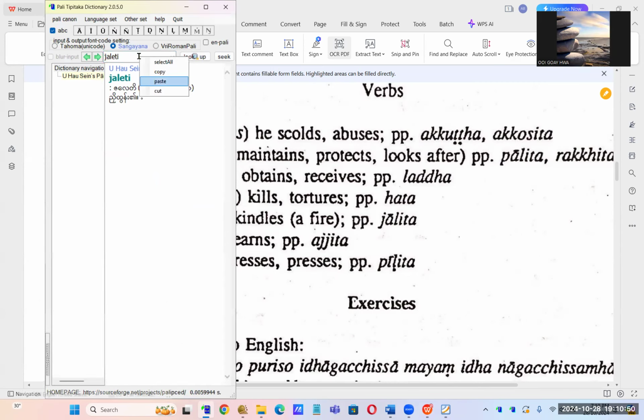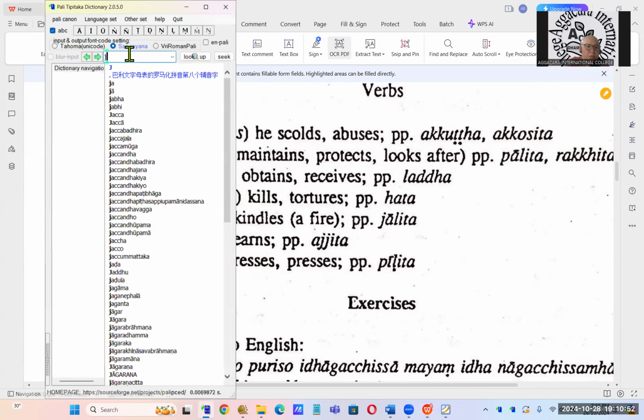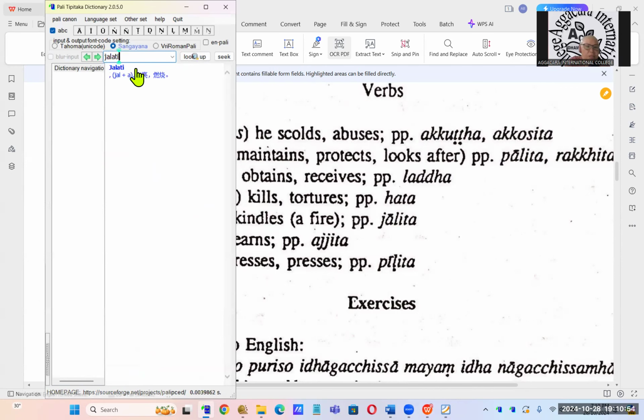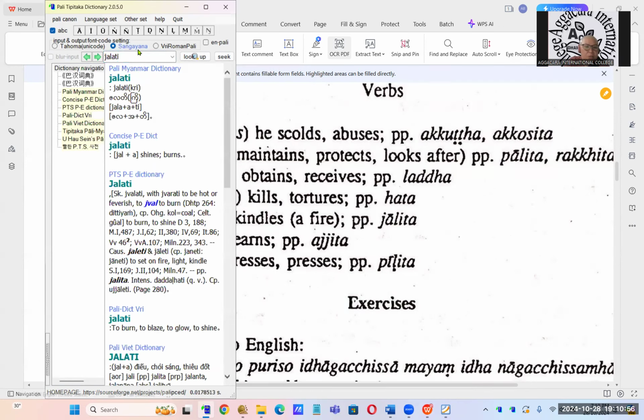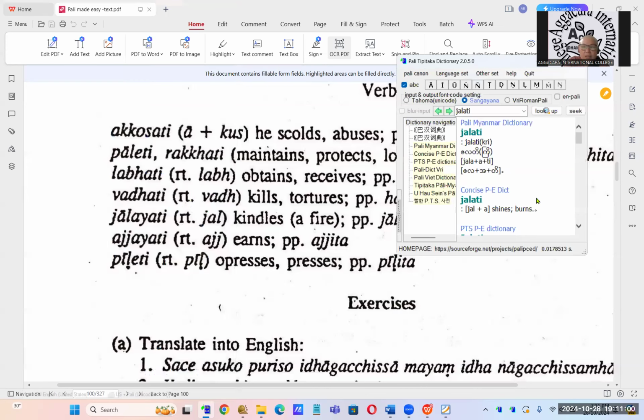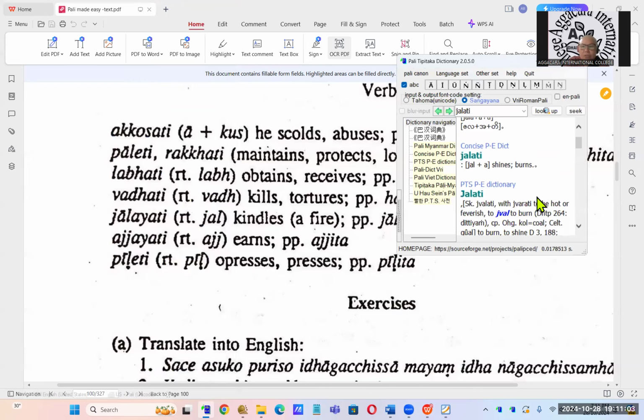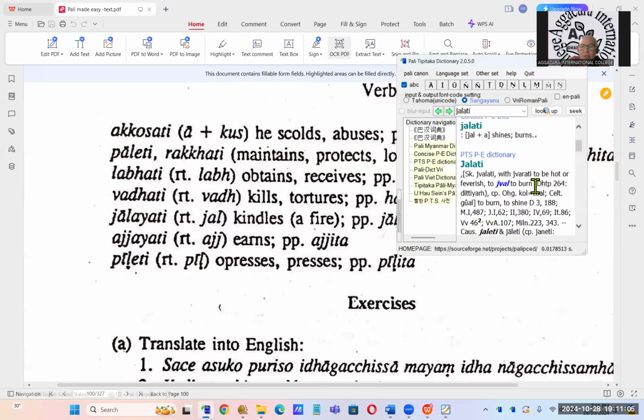Causative, is it? Of course. Do we have jalati? Yes, we have jalati. To shine, to burn. Jalati is to shine, to burn. This is short a.